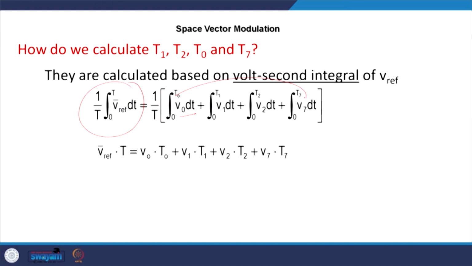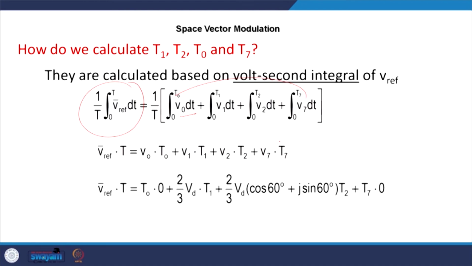So, ultimately if you can withdraw the integration sign from both sides, then V reference into T equal to V0 into T0 plus V1 into T1 plus V2 into T2 plus V7 into T7.